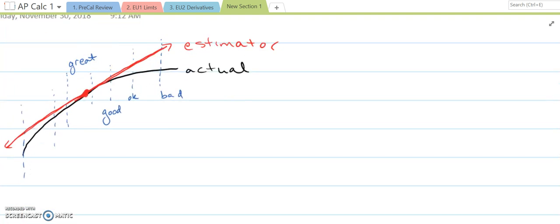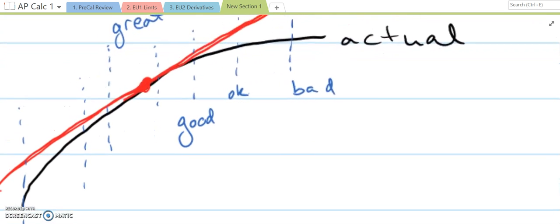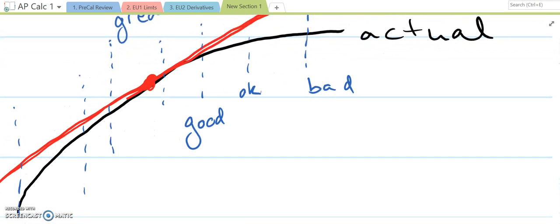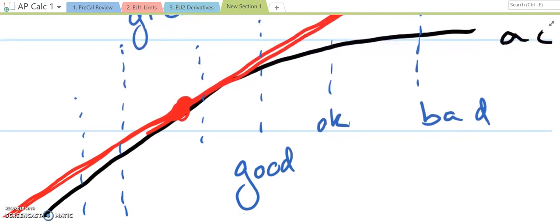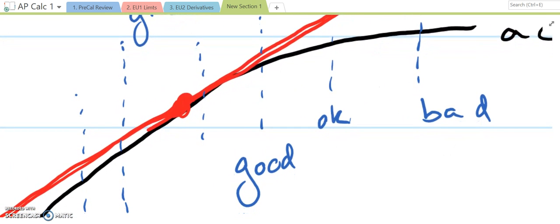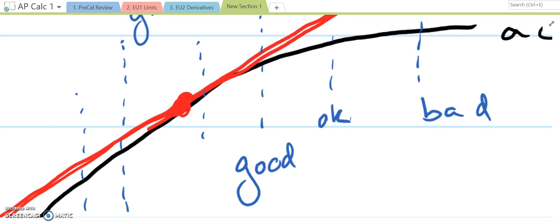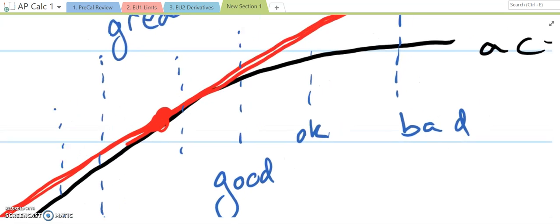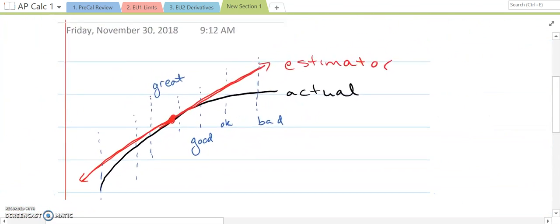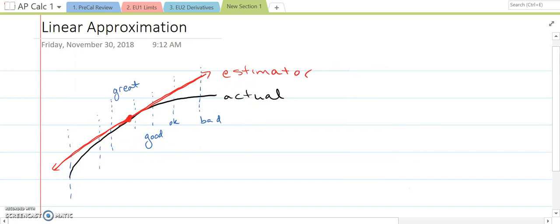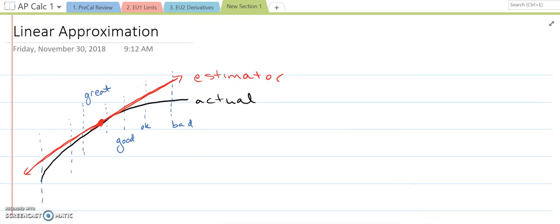So the closer we are to this point here in the middle, the better. If I zoom all the way down in there, you can't even really tell the difference between the tangent line and the actual function. That's what we want to do: use our tangent lines to estimate the actual value for some potentially really ugly numbers that we might have come up with.